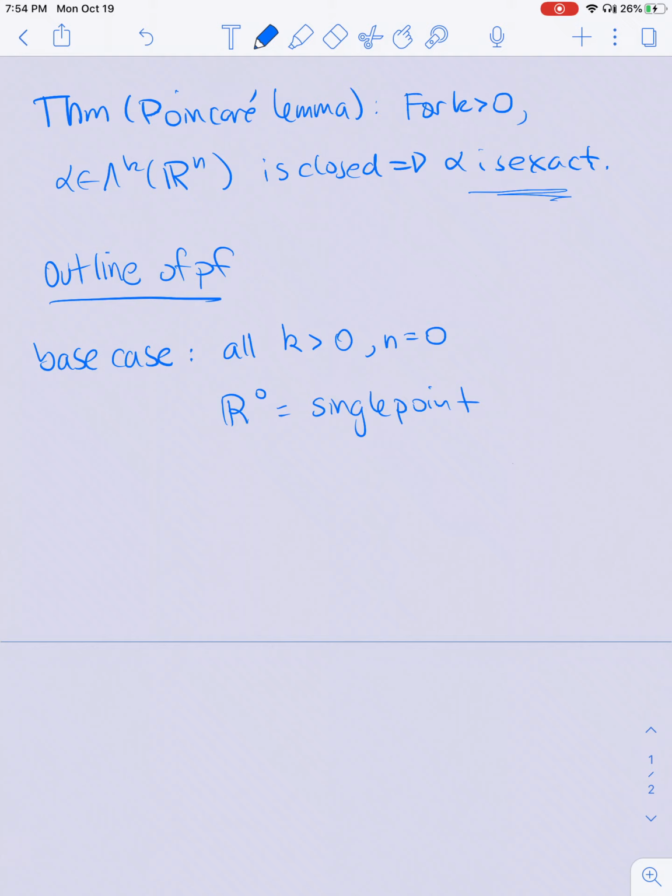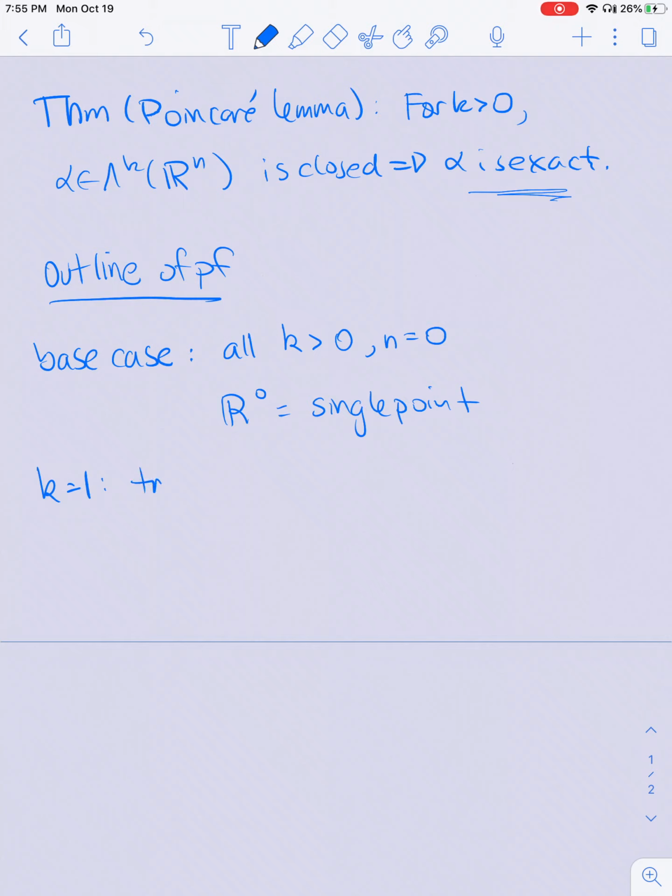It's all 0 tuples of numbers, so there's just the empty 0 tuple. We're going to show the base case for k equal to 1 separately from k greater than 1.